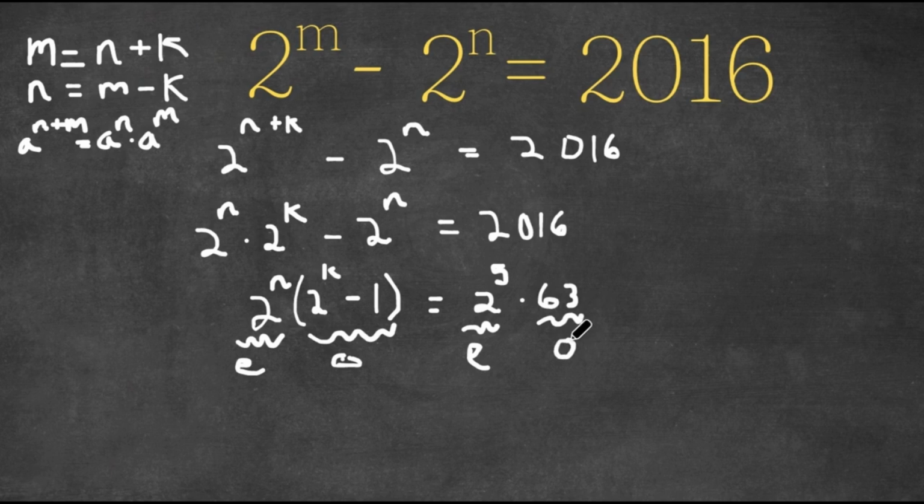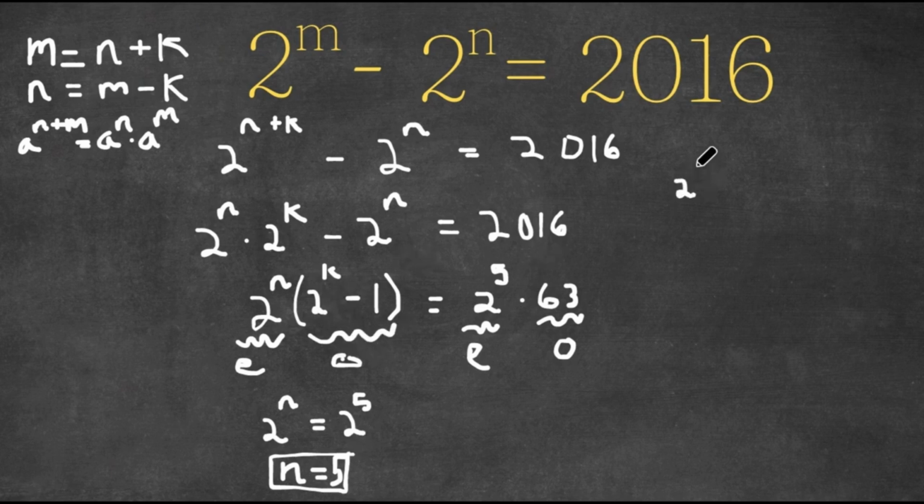Now I'm going to set the evens equal to each other. So 2 to the power of n equals 2 to the power of 5. Because these two have the same bases, we know that the exponents are equal to each other, meaning n is equal to 5. And now we're going to set the odds equal to each other.